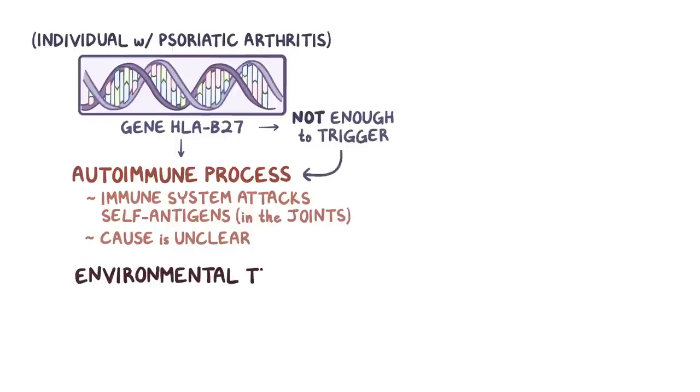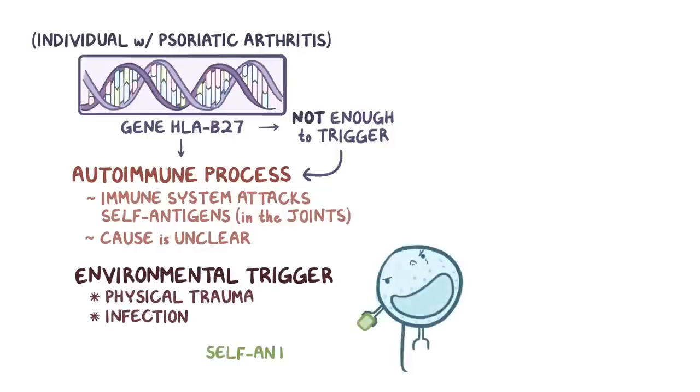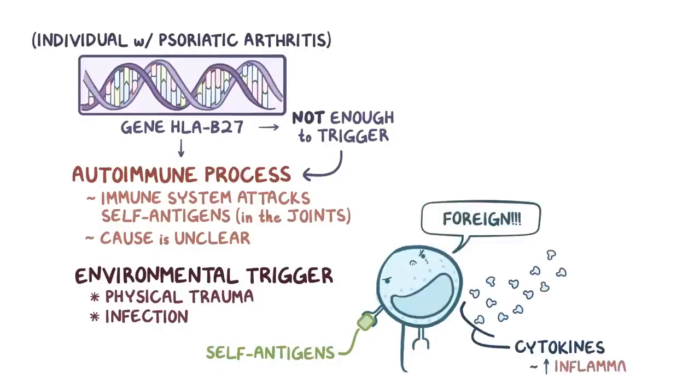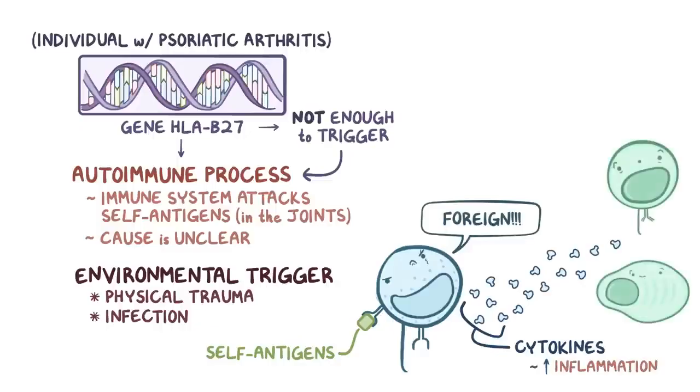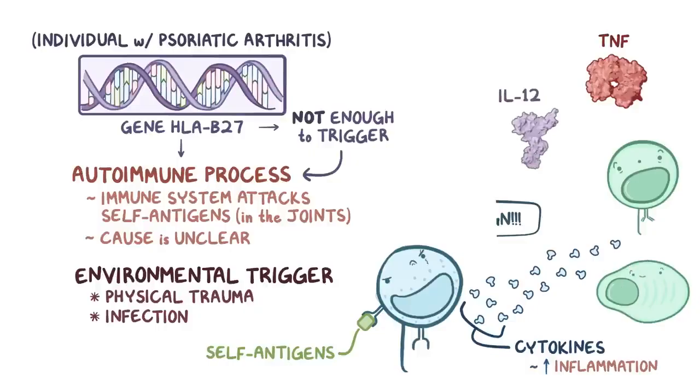Often, an environmental trigger like physical trauma or an infection seems to play a role as well. Ultimately, once the self-antigens are seen as foreign, T cells release cytokines, which increases inflammation, and stimulates other immune cells to release tumor necrosis factor, or TNF, as well as interleukin-12 and interleukin-23.